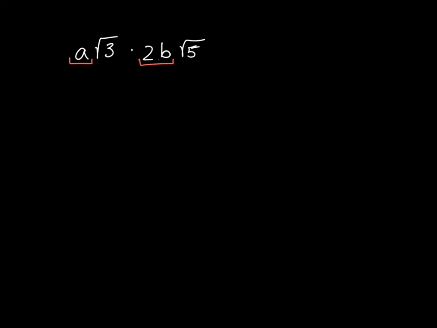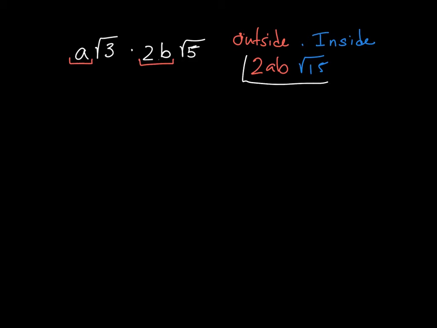Anything outside, you multiply together first. And that would just give you 2ab. Then multiply the inside together. And that gives you the square root of 15. And that's all you can do with your answer.